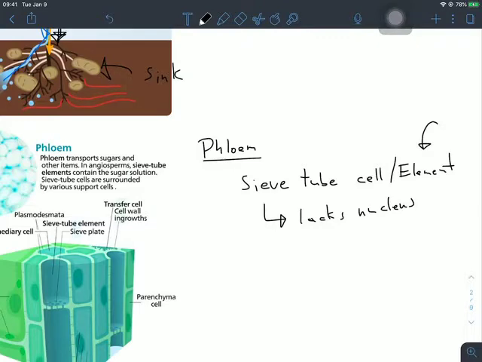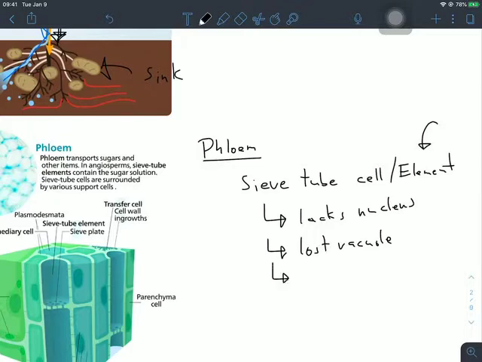In contrast to vessel elements that have lost all membrane-bound things in the cell, including the plasma membrane, they're just a hollow cell wall. Sieve tube cells, or sieve tube elements, have lost the nucleus, have lost their vacuole.